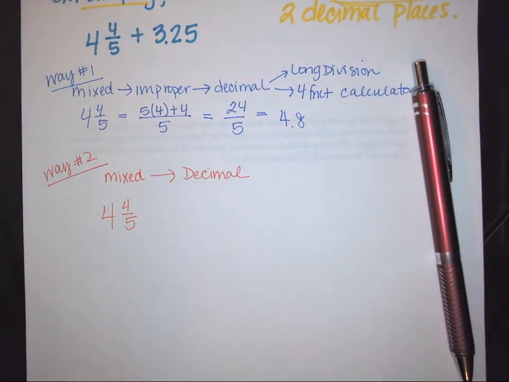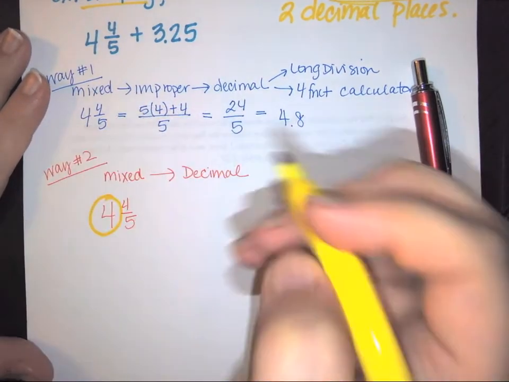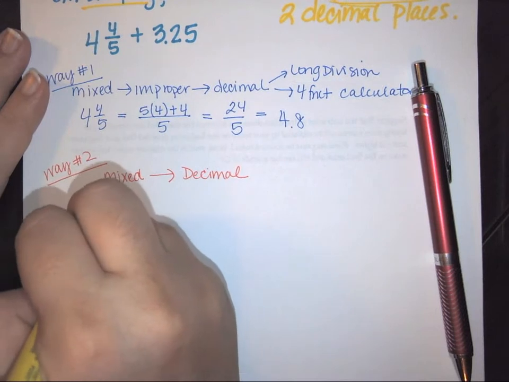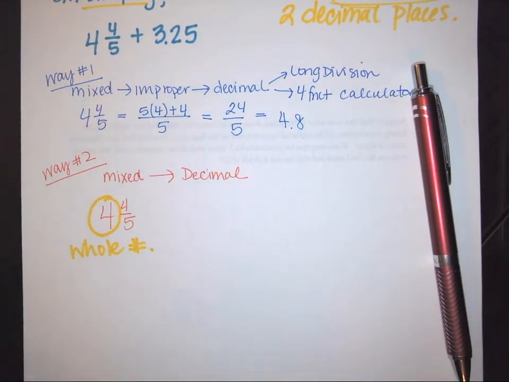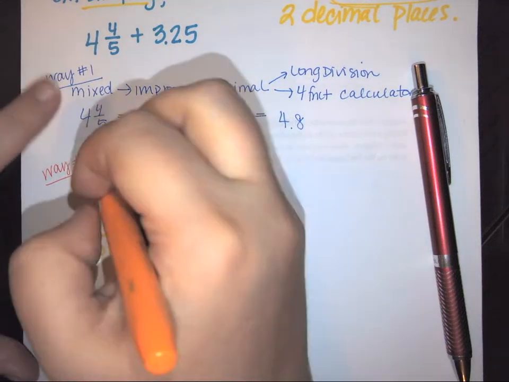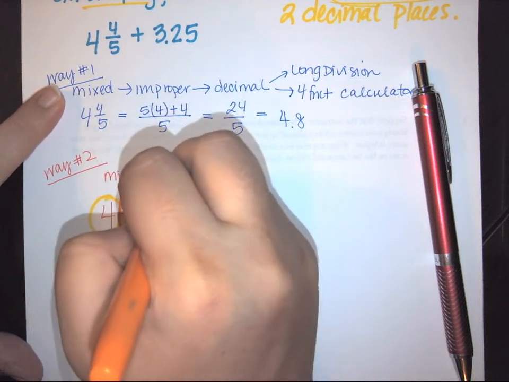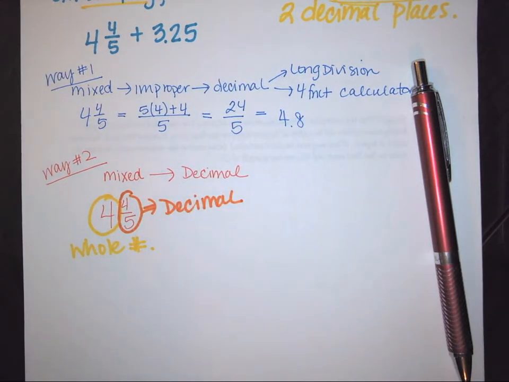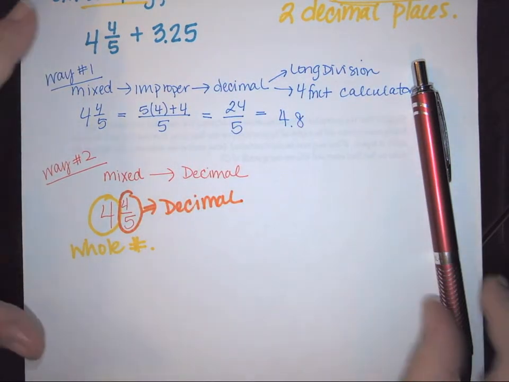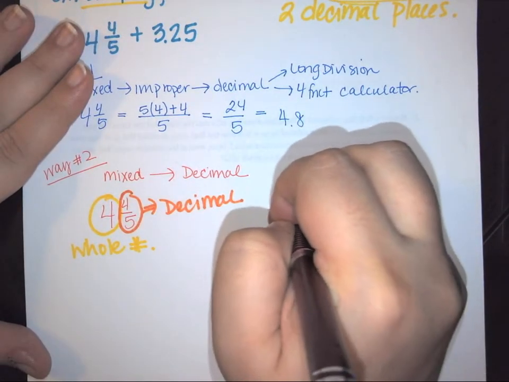First thing that we need to know and remember is that the big number here represents the whole number. Since the big number represents the whole number, then that means this fraction part represents the decimal. So what this actually tells you is that you need to convert 4/5 into decimal form.